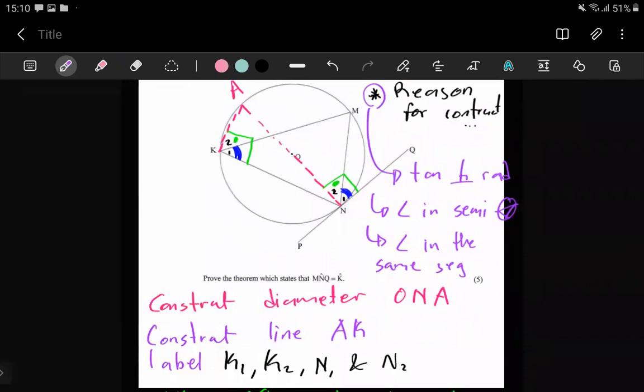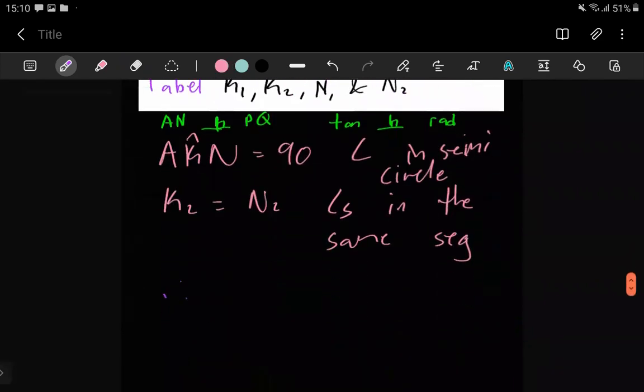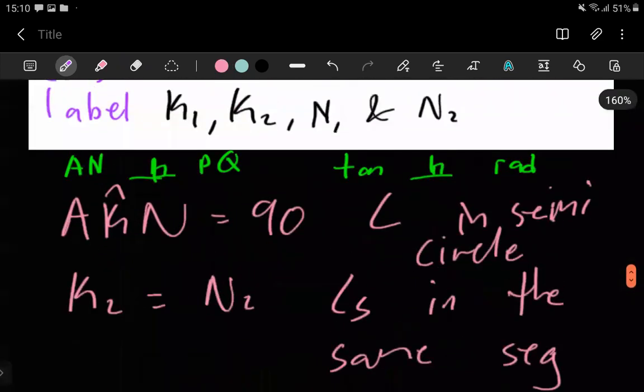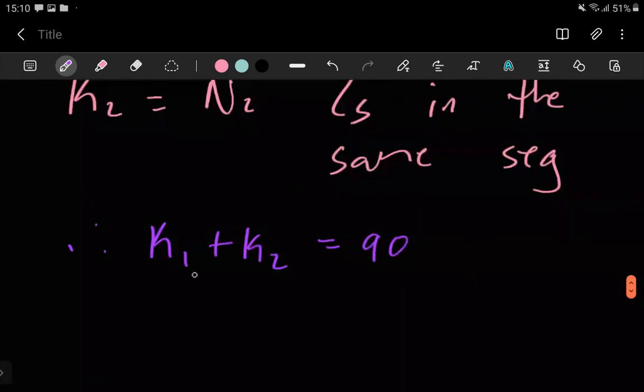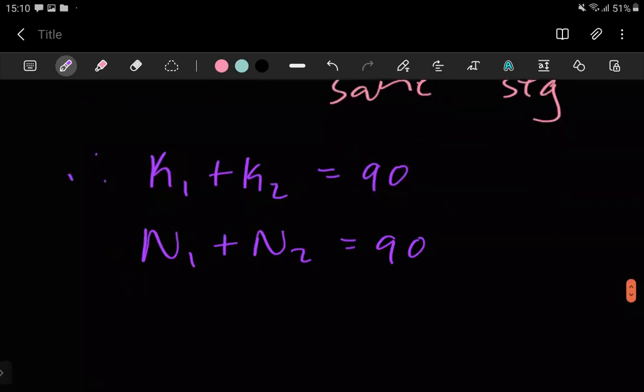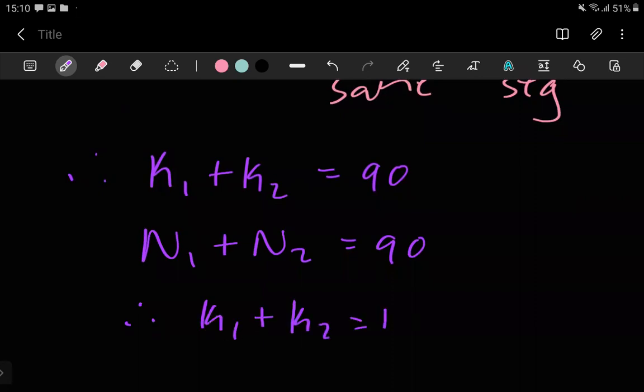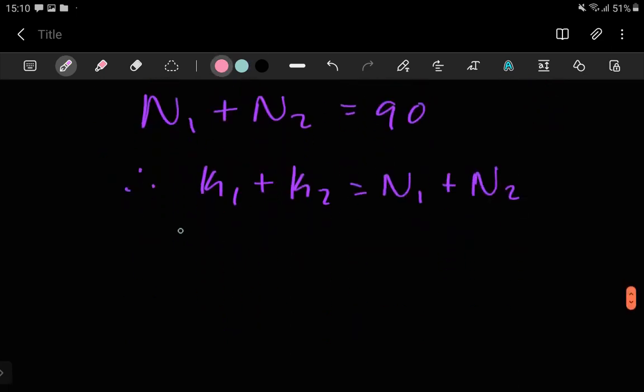And then with these three being said, now you can make your statement. Therefore, K1 plus K2 is equal to 90. N1 plus N2 is equal to 90. Now, these are both equal to 90. Therefore, K1 plus K2 is equal to N1 plus N2. And then this is where things get interesting.